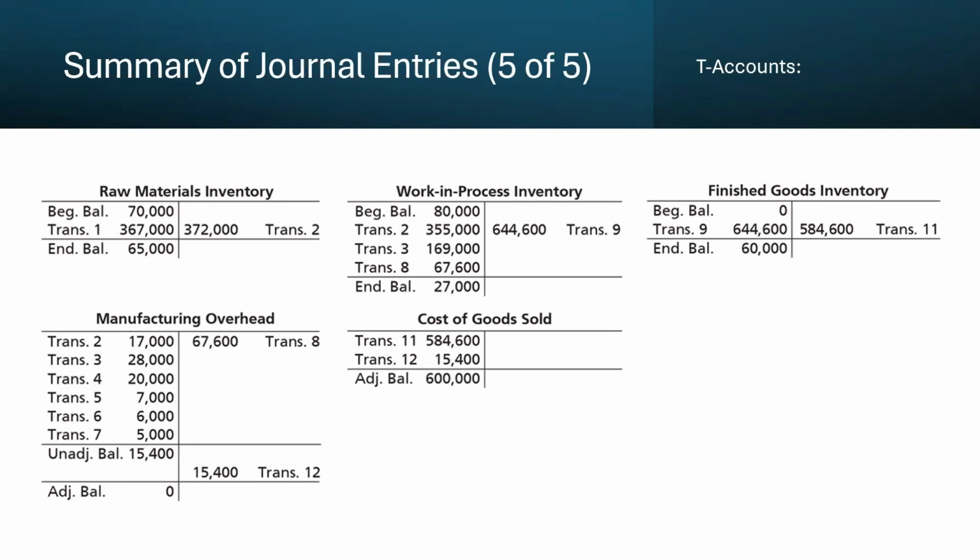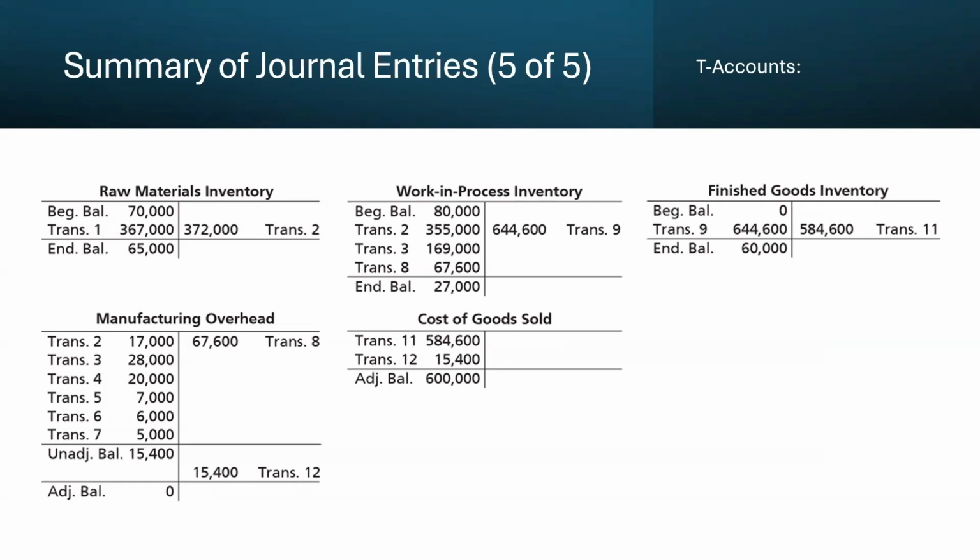The goods transferred from work in process inventory to finished goods inventory represent the goods completed during the period. The goods were sold, right?